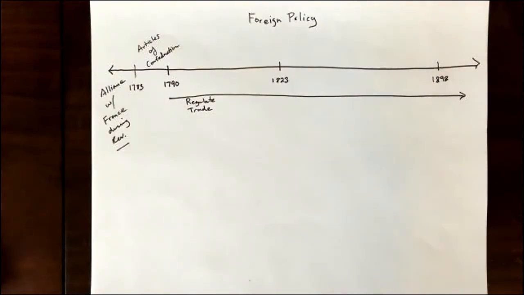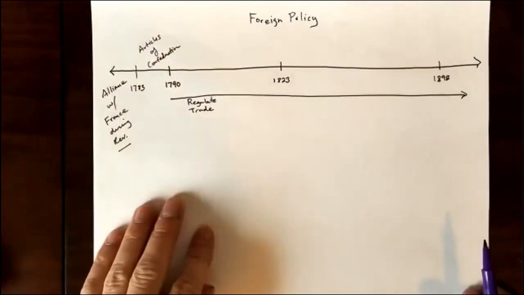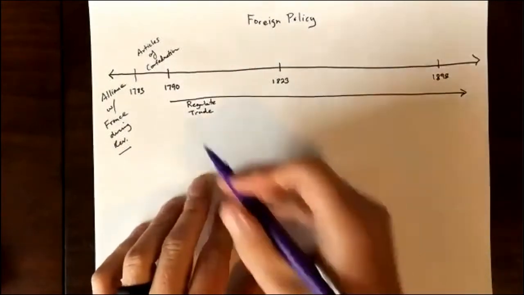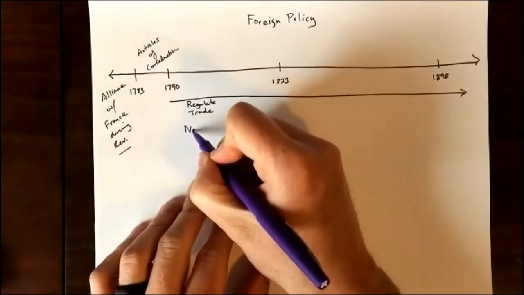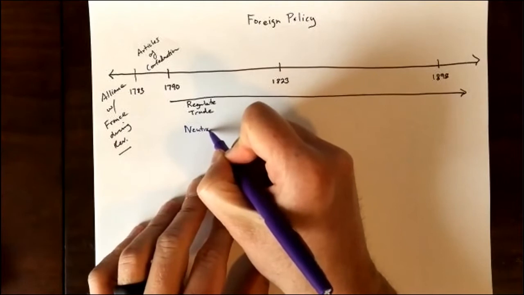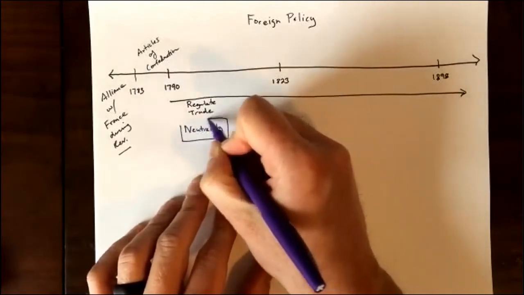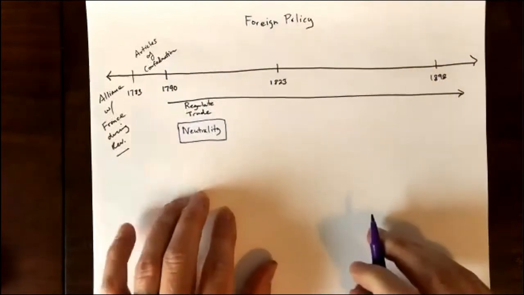The next story that I want you to know about in terms of foreign policy deals with America having a consistent policy of what we call neutrality. So I'll take a different color. I'm going to put neutrality here. And this is a really important foreign stance that America takes early on in our history.